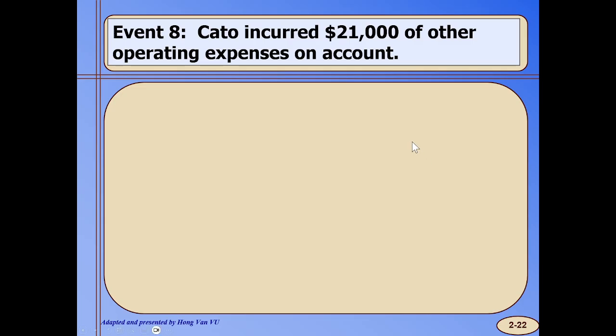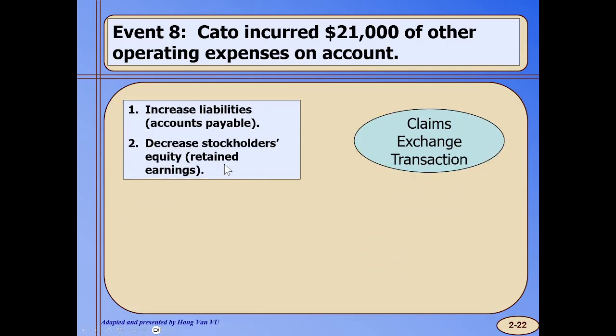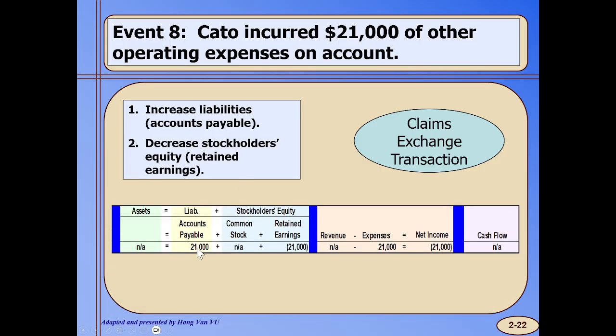Incurred means that they have an operating expense but they didn't pay yet. So this transaction increases one claim account, the liability accounts payable. It also decreases another claim account, retained earnings, a stockholders' equity account.